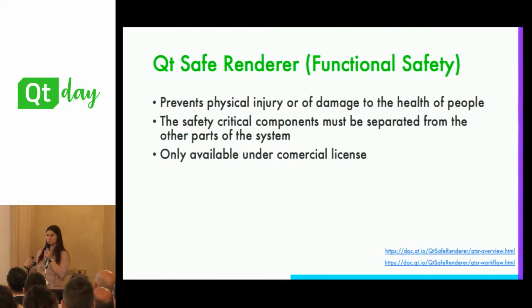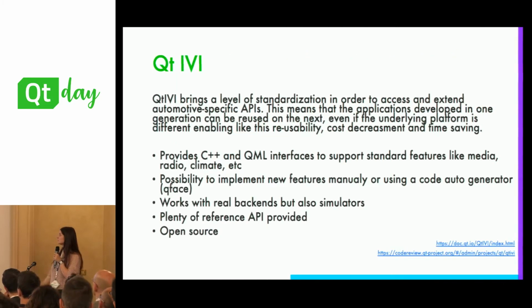So we need somehow to guarantee that these icons will always be there even though the whole system has crashed. And that's what the Safe Renderer does by separating those safety critical components and having them run on their own RTOS and their own memory, so completely independently from the rest of the system. This module is only available under a commercial license.